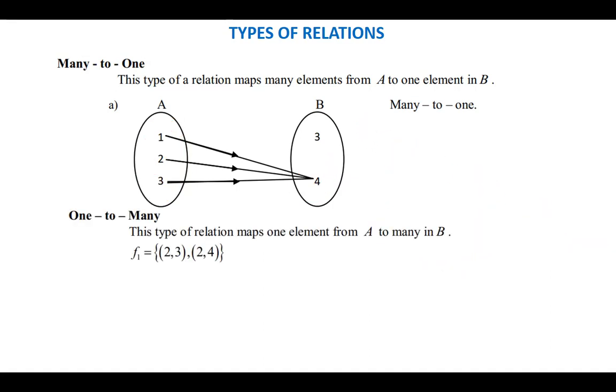Then we have a one-to-many relation. A one-to-many relation is one where you have the domain and the range.